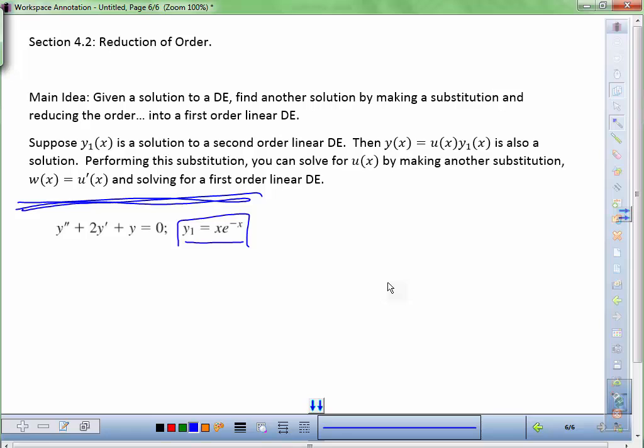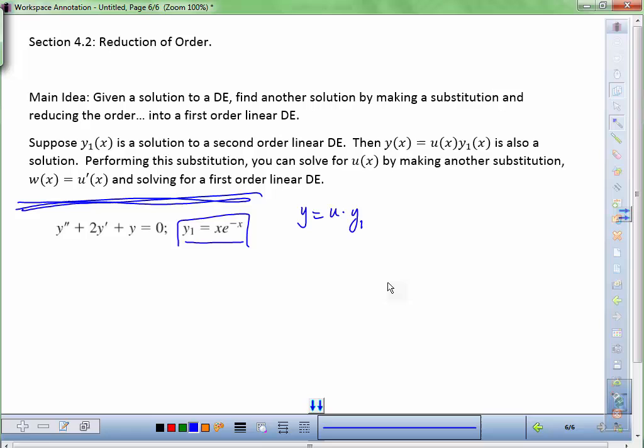We should really check if this works. Let's just assume that it does. Okay, so our substitution is going to be y is equal to u times y1. So that is supposed to be our substitution.